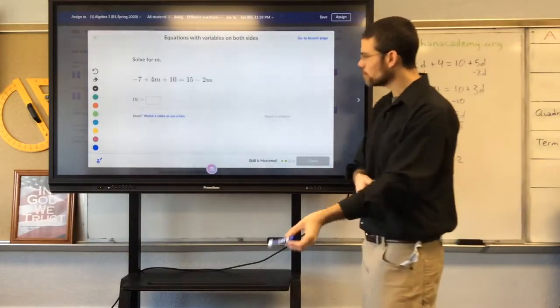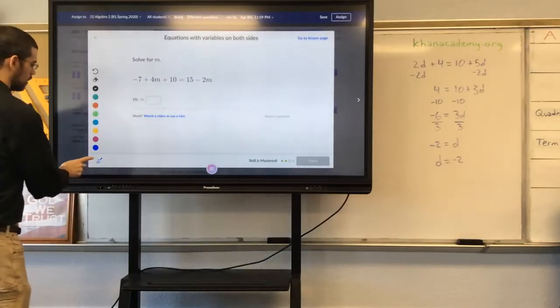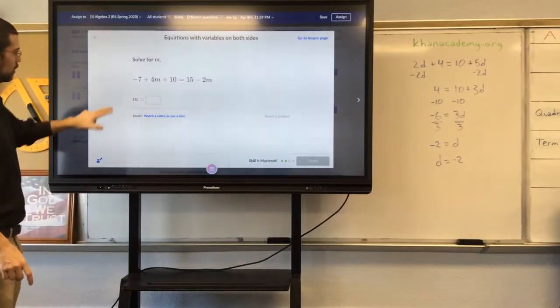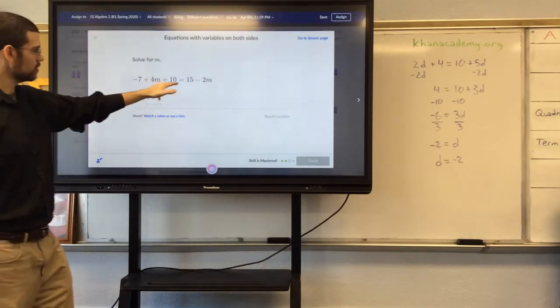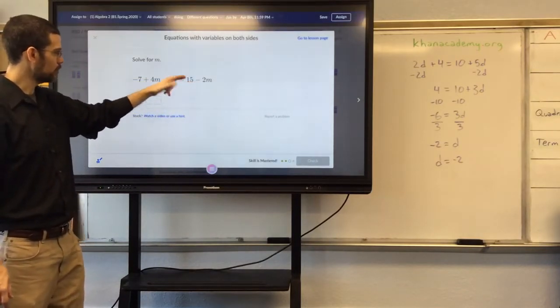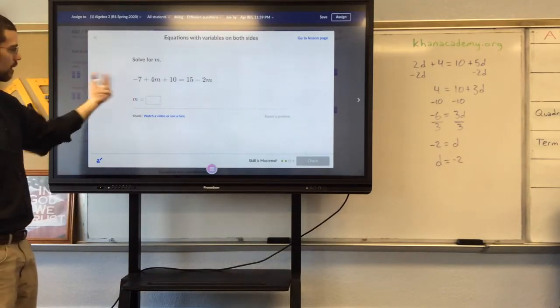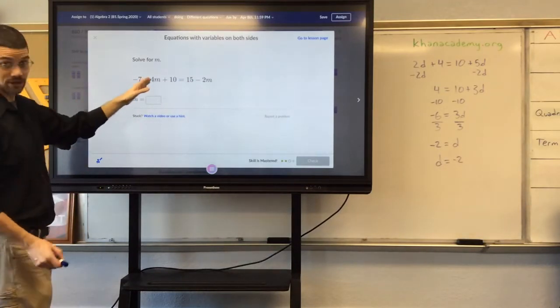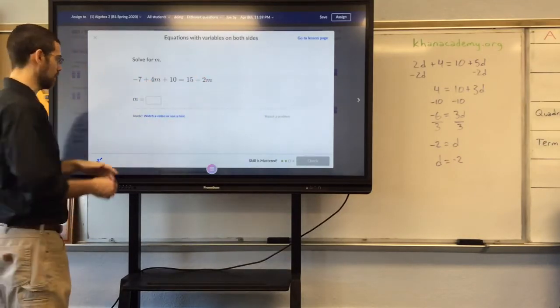All right, next problem. We're going to solve for m. We'll do that on the screen this time. So we have negative 7 plus 4m plus 10 equals negative 2m plus 15. So we're going to put all our m's on the left side of the equation because they will be positive that way. I can get rid of the negative 2m by adding 2m.